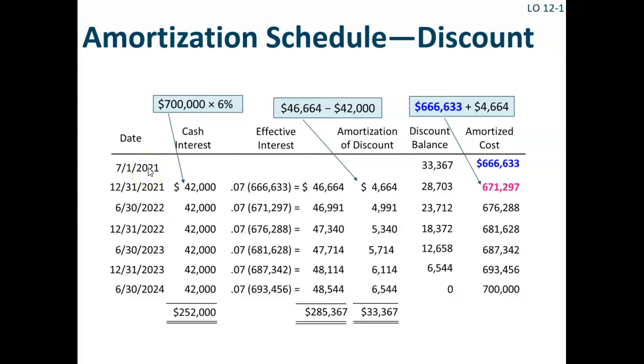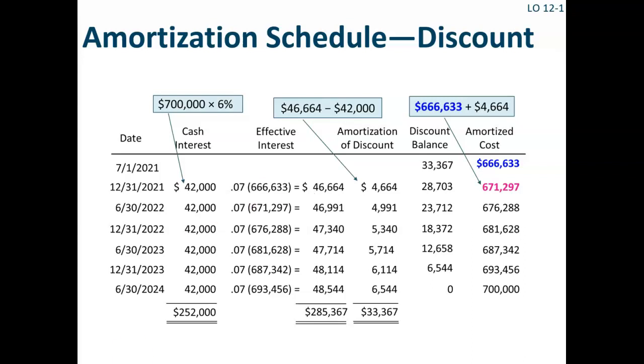When the bond was issued, the face value minus the balance in the discount account equaled $666,633. That amortized cost times 1/2 of the market rate of interest will calculate the interest income.